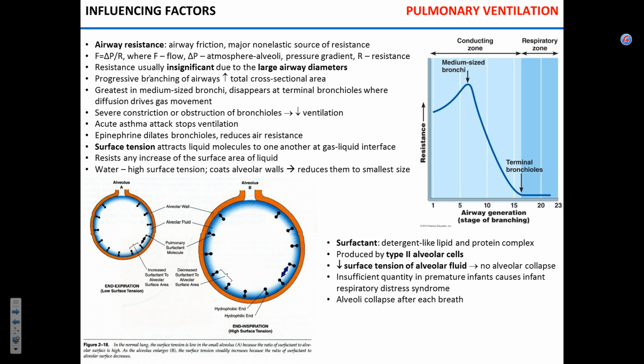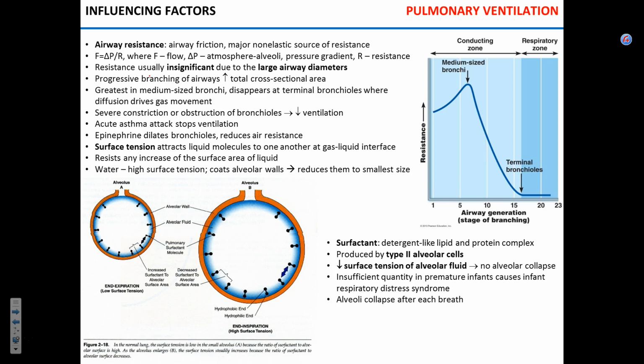First factor, of course, is airway resistance, like the resistance in blood flow.